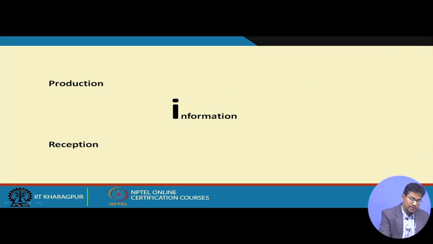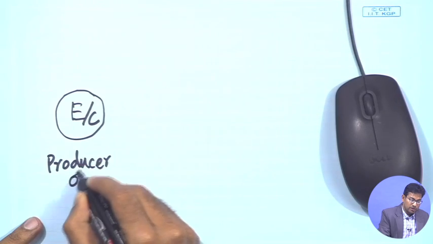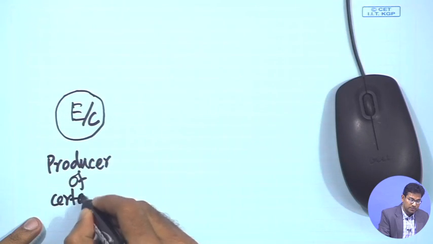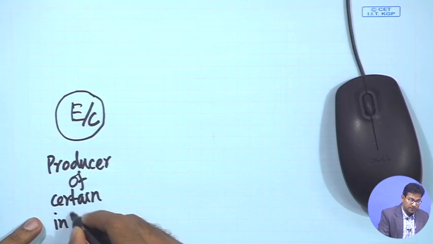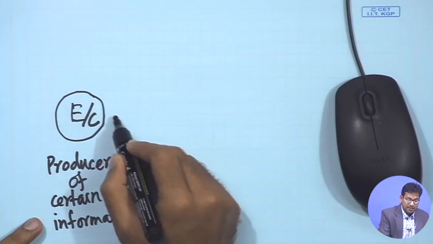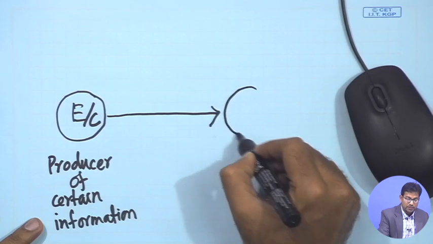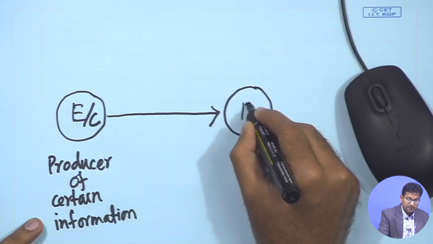In other words, if we have an entity E, or a communicator, he is the producer of certain information, and then he transfers this information to a particular receiver.